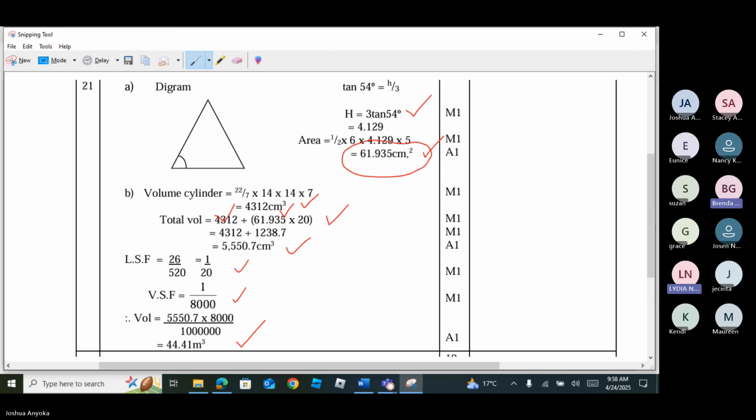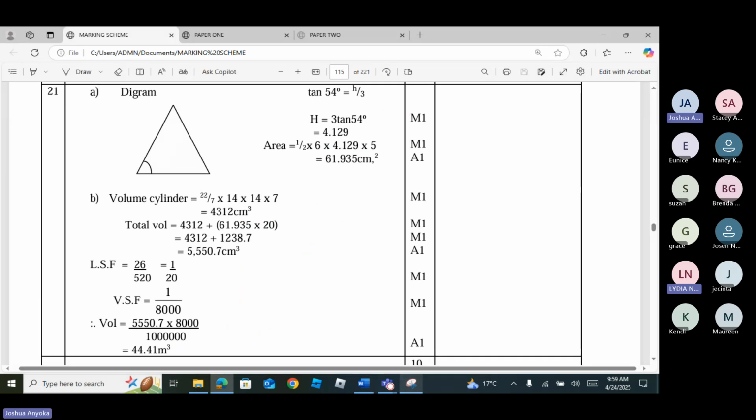Yes? Volume of cylinder I multiplied by 7. Volume of a cylinder: 22 over 7 times 14 times 14 times 7. Yes, 7 is the height, let's check. What is the height of the cylinder?